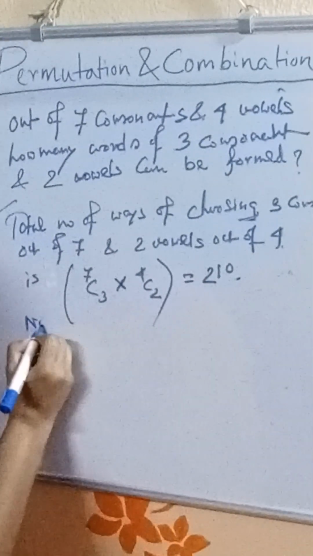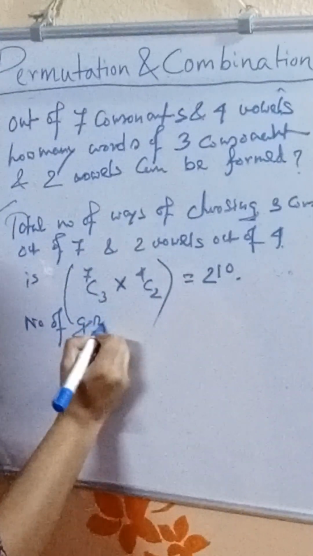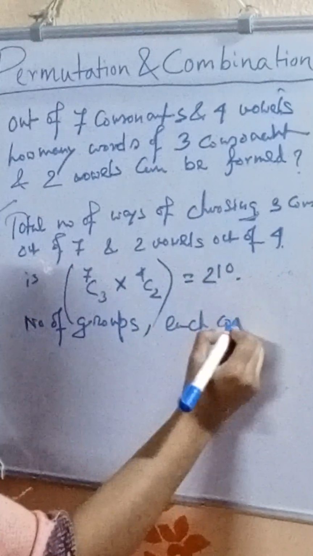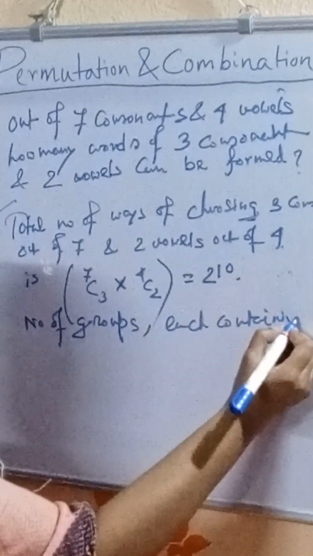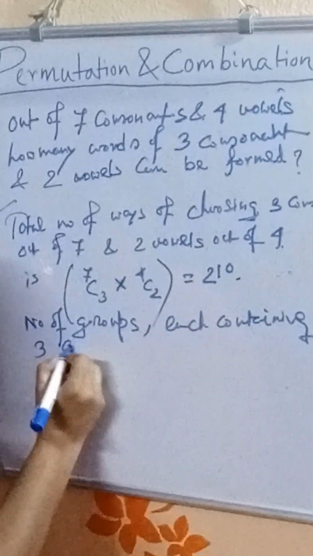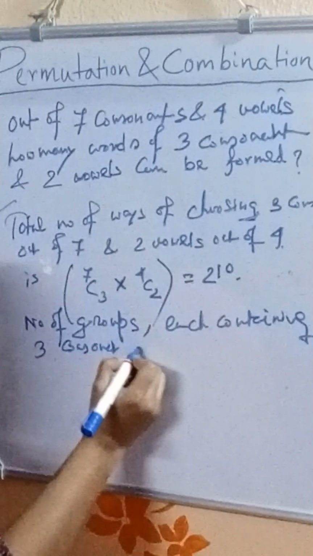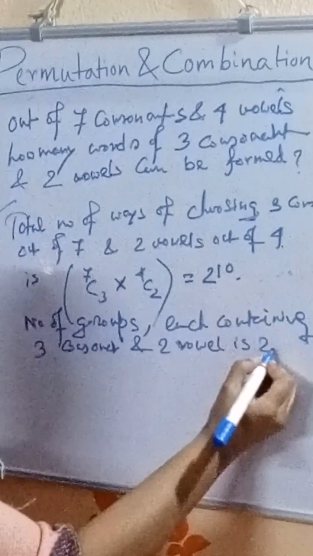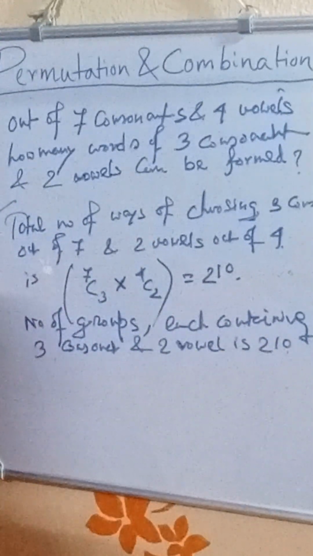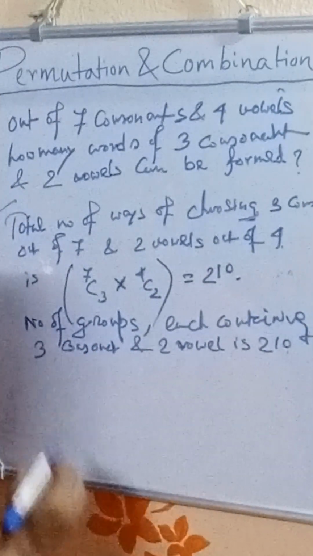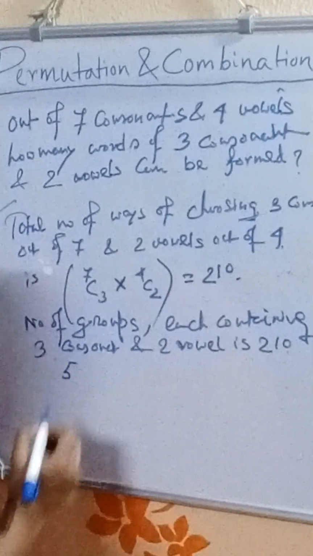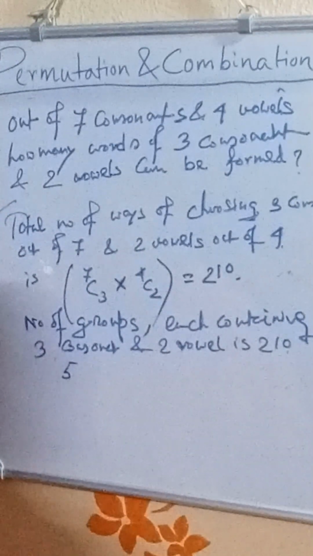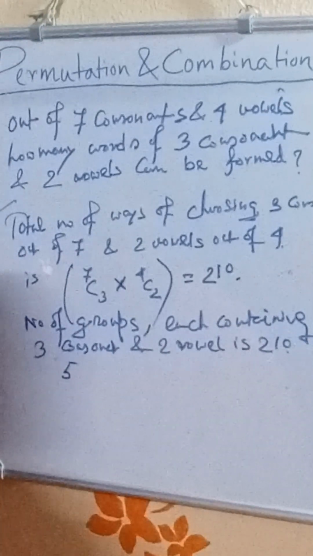Now the number of groups containing 3 consonants and 2 vowels is 210. In each group, the total number of letters is 5 and these 5 letters can be arranged among themselves, which means it is a permutation, not a combination.